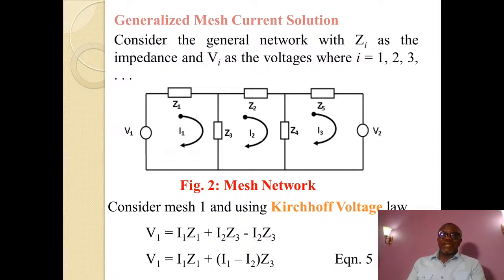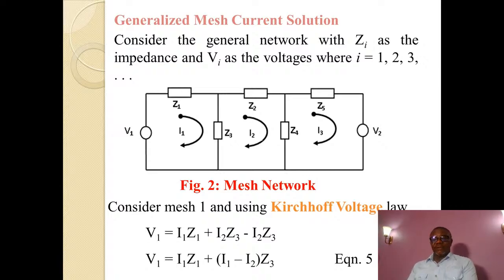So we say if we consider the general network with Zi as the impedance, I've explained what impedance is, and Vi as the voltages, where i is an integer, 1, 2, 3, and so on. So let's look at this mesh 2, fig 2, which is another mesh network. If we consider mesh 1, mesh 1 is where we have the current I1 flowing. I'm using Kirchhoff's voltage law.